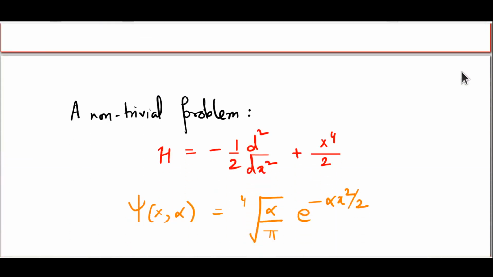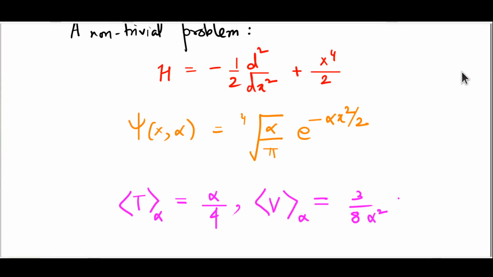So this is a non-trivial problem where the Hamiltonian is given by minus half d2 dx2. We are still going with the units where h cross and m are all 1, plus x to the 4 by 2. So we are using a dimensionless x here as we did in the previous example. Now we use, just for simplicity, the same trial family of wave functions that gave us wonderfully good results for the harmonic oscillator case, in fact gave you the exact result, the normalized Gaussians.